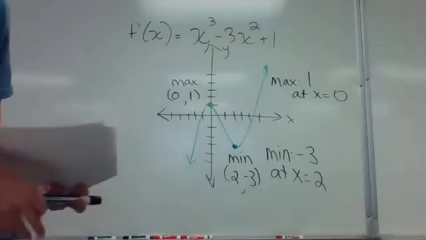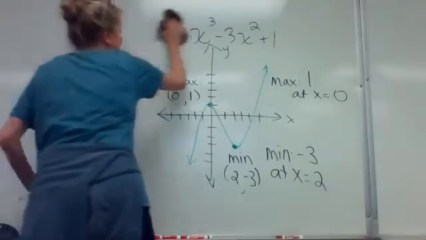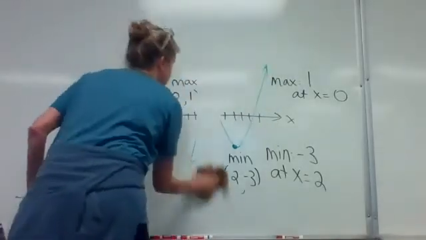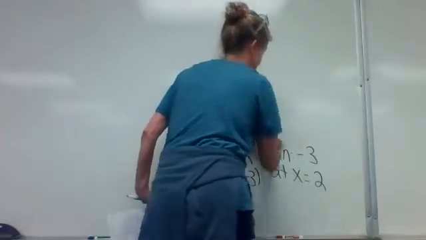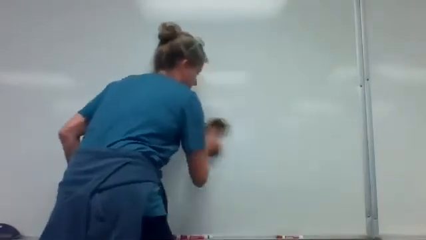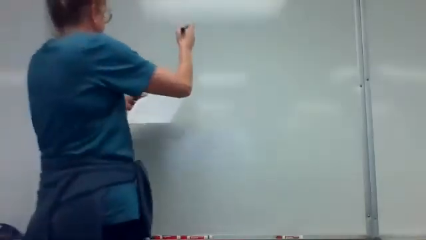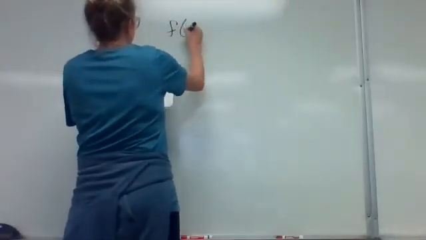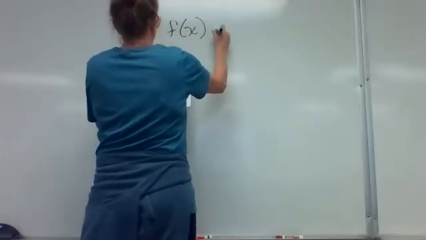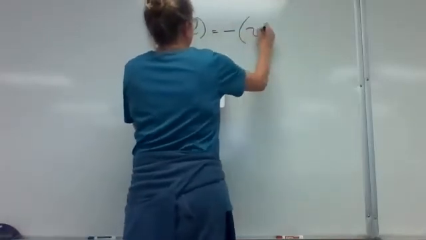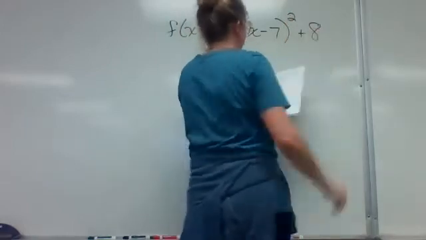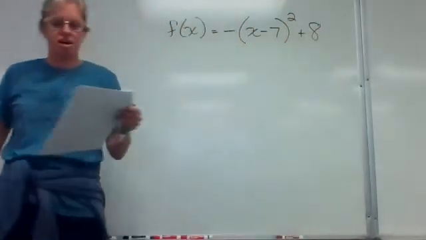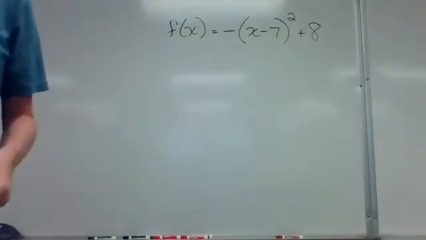All right, number 12. How can the graph of f of x equals -(x - 7) squared plus 8 be obtained from the graph of x squared?